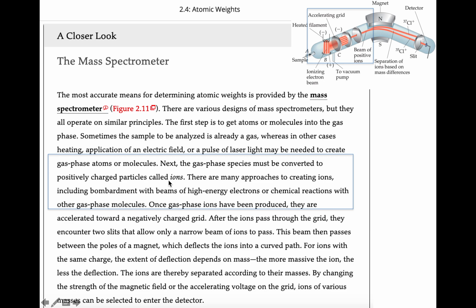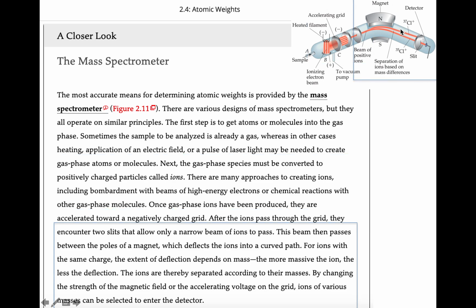The cations then enter into the magnet, and their trajectories then differ. Their trajectories depend on both the charge and the mass. Different ions are being separated, in this case based on differences in their mass because they had the same charge.